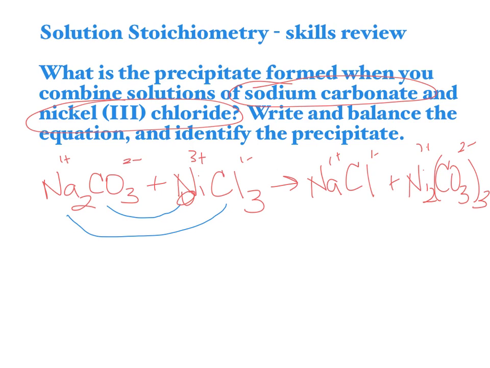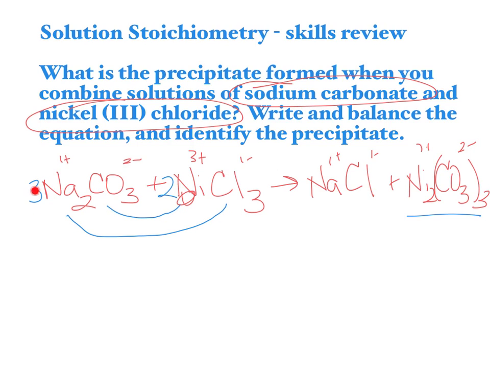Last thing we need to do is remember to balance our equation, because we have some messy stuff going on over here. I'm going to start by finding the most complex molecule. This nickel carbonate is by far the biggest thing, so let's see if I can get it to balance to that. I've got 2 nickels and 3 carbonates. So now let's see how the rest of our equation works out. I've got 3 carbonates, 2 nickels, that works out.